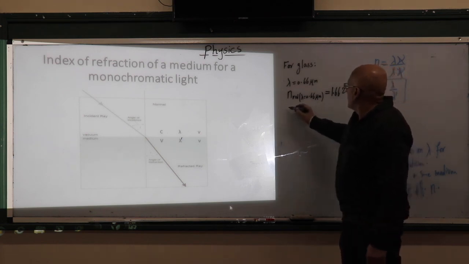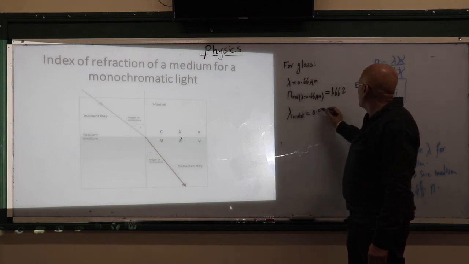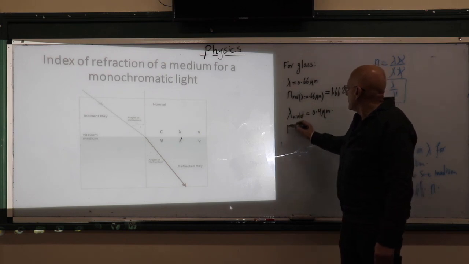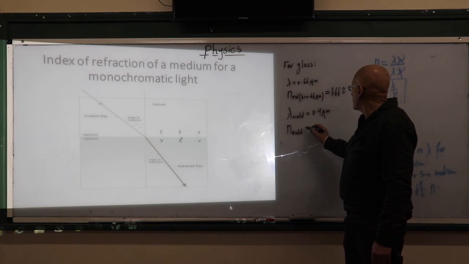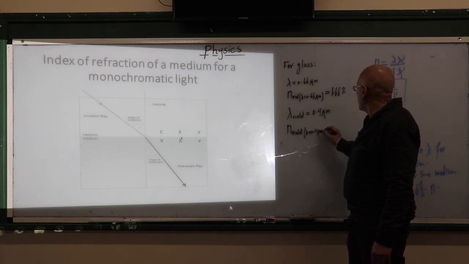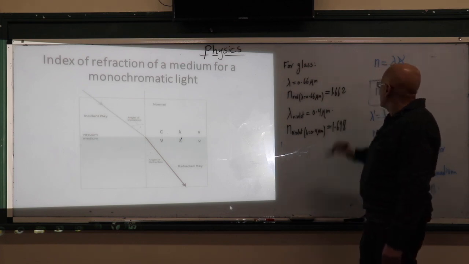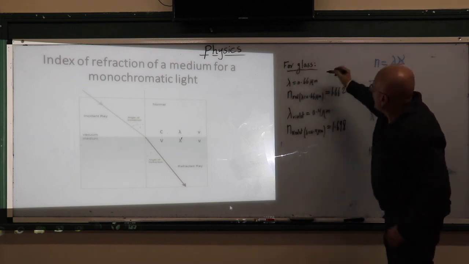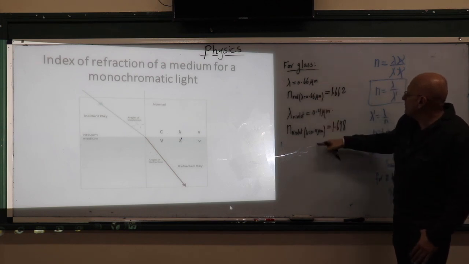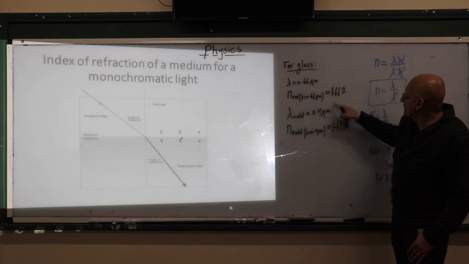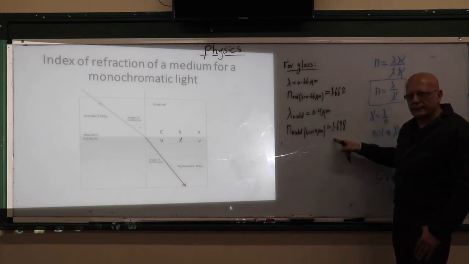For lambda violet, which is 0.4 micrometer, n for this monochromatic radiation of lambda 0.4 micrometer will be 1.698. So as you see, when lambda has changed, for the same medium, which is glass, you get two different indices of glass.